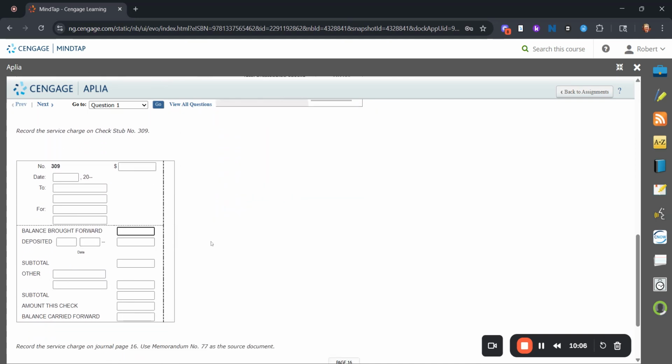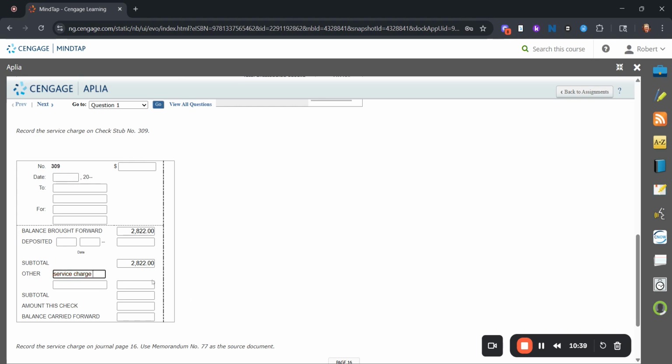So put that here, the balance brought forward, $28.22. We're going to enter our service charge of $20.